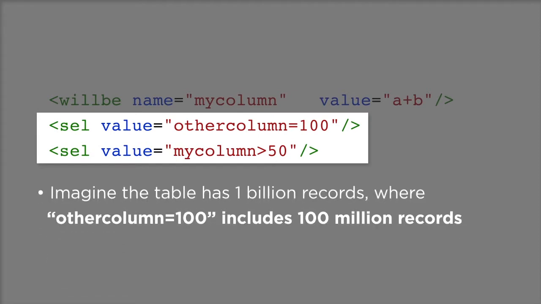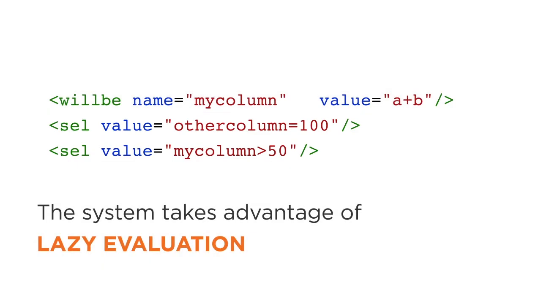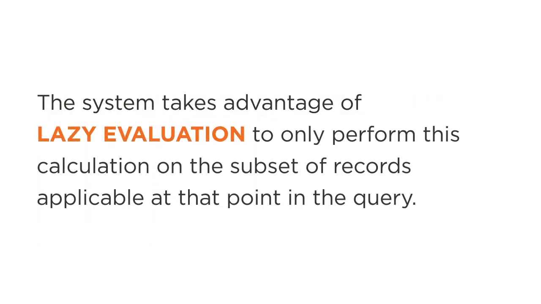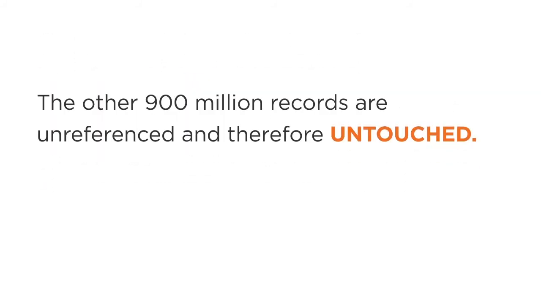Imagine the table has 1 billion records, where otherColumn equals 100 includes 100 million records. The myColumn greater than 50 selection only applies to those 100 million records. The system takes advantage of lazy evaluation to only perform this calculation on the subset of records applicable at that point in the query. The other 900 million records are unreferenced and therefore untouched.